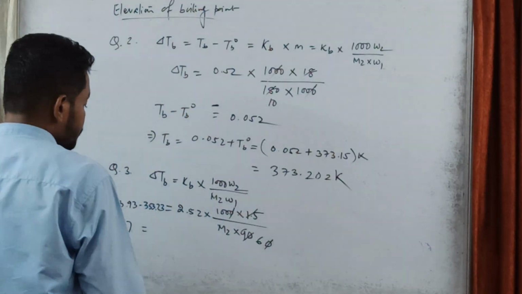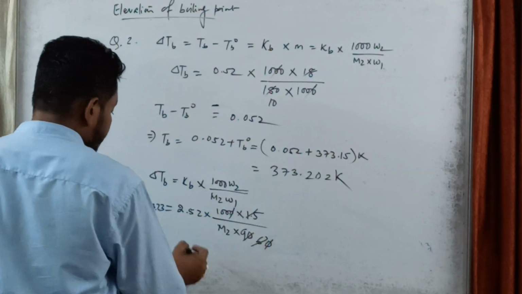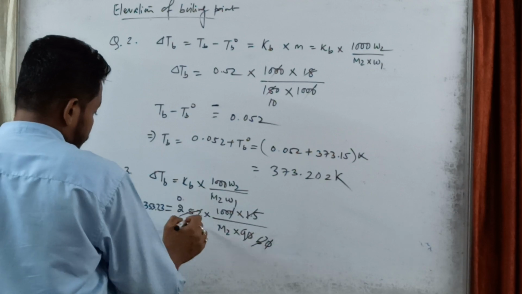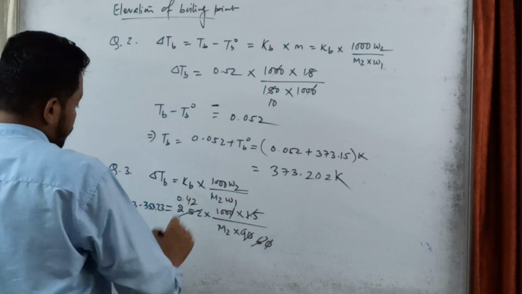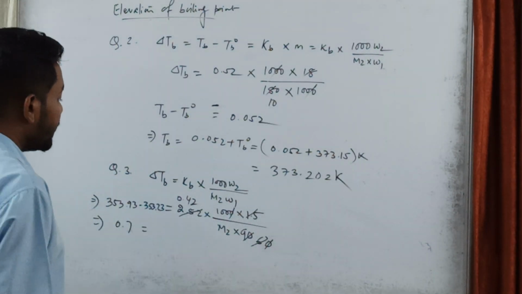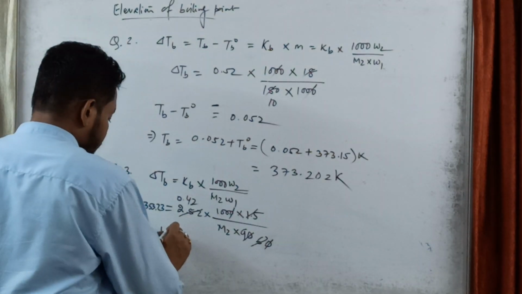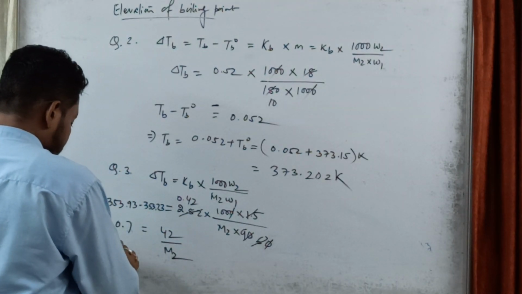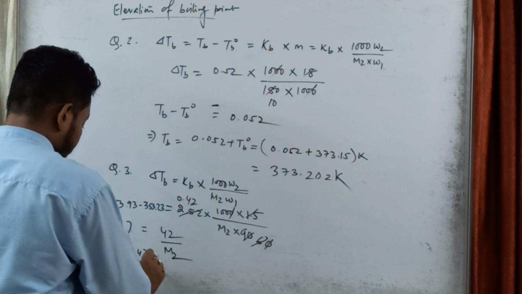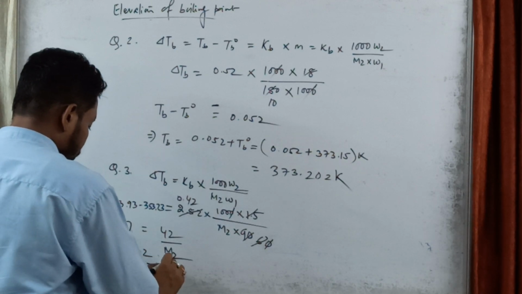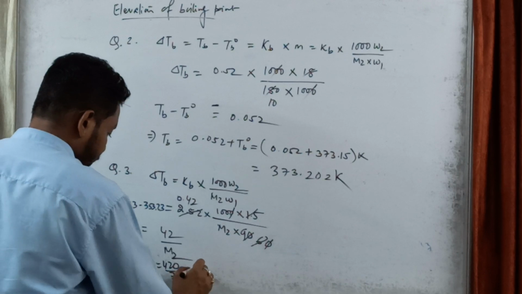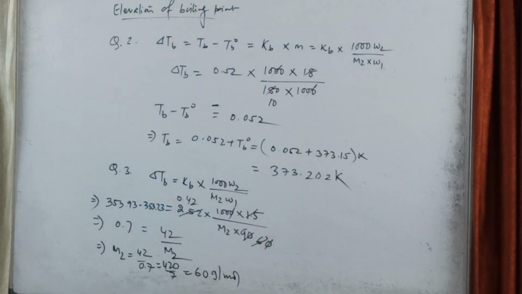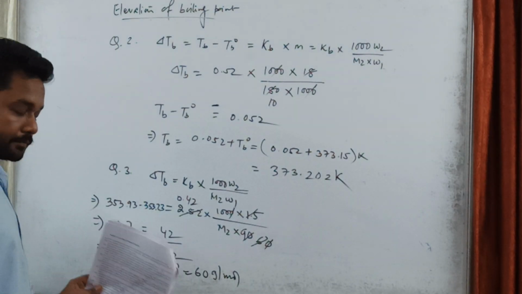If you calculate, this value is 0.42. Now 0.42 into 100 means 42 divided by M2. So M2 is 42 by 0.7. That means 420 by 7. That means 60 gram per mole. Okay? 60 gram per mole.